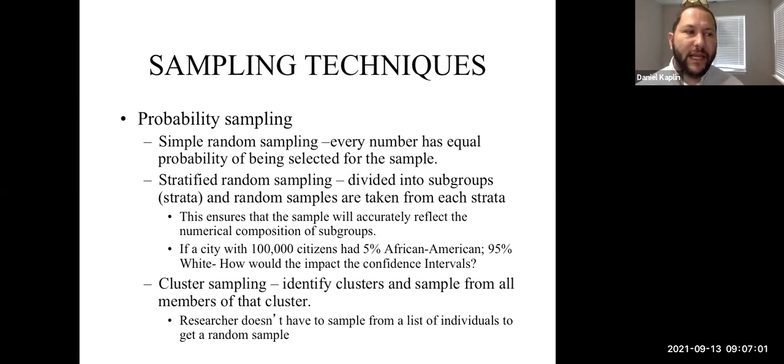Now, in many research areas, we want to try and match or mirror the real world. And so there are ways to do this, right? So we have things like stratified random sampling, which would take the relative proportion of this subgroup in the population and match it in your sample.